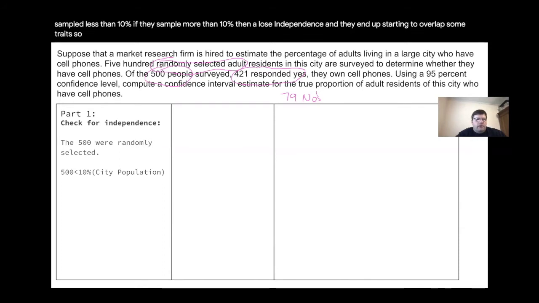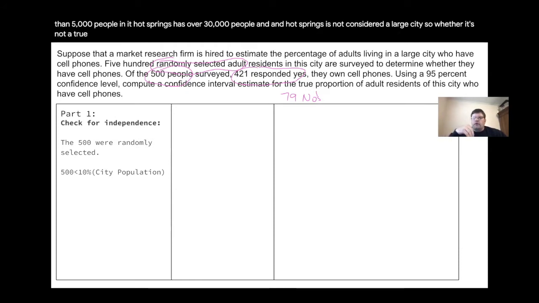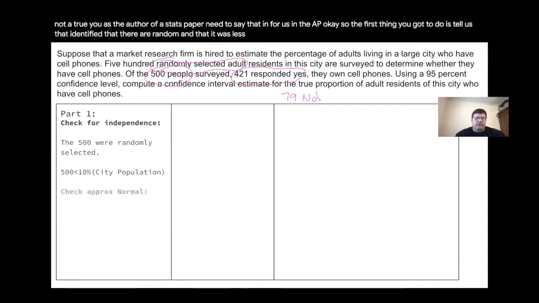We don't know this for a fact, but we're assuming a large city has more than 5,000 people in it. Hot Springs has over 30,000 people, and Hot Springs is not considered a large city. So as the author of a stats paper, you need to say that for us on the AP. The first thing you have to do is identify that they're random and that it was less than 10%.